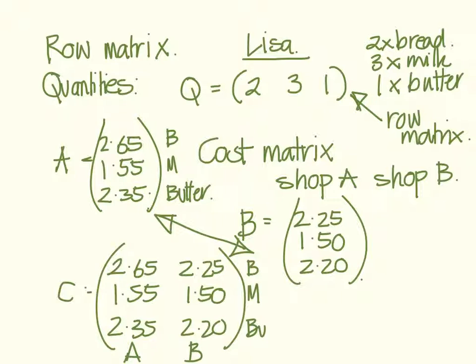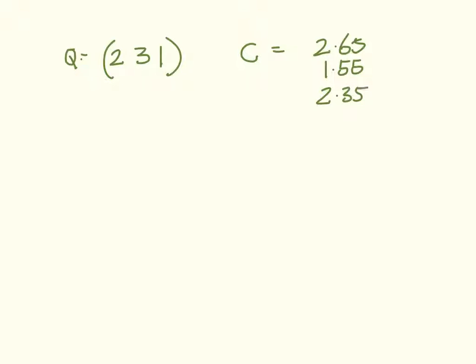If I then write that out for you on a different slide, we have got that Q equals 2, 3, 1, and that C equals 265, 155, 235, and 225, 150, and 220.